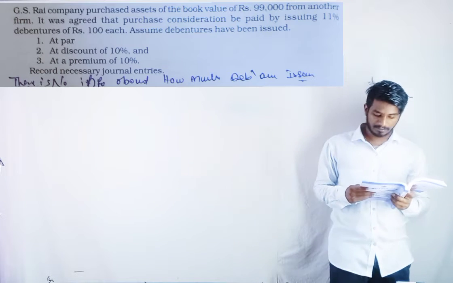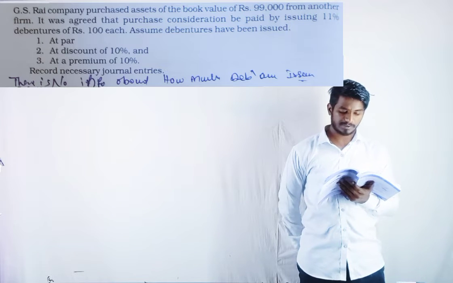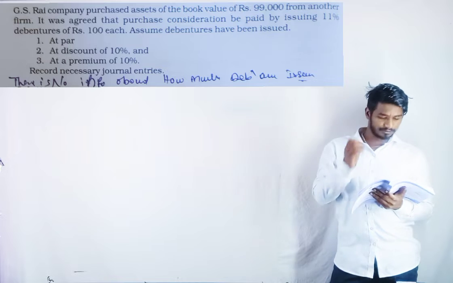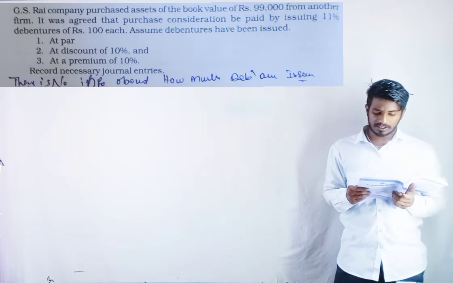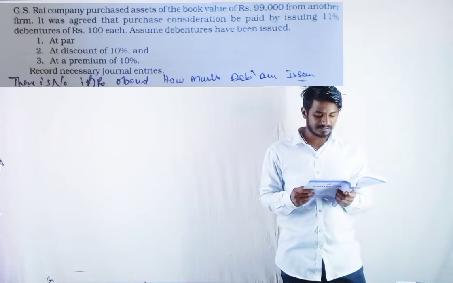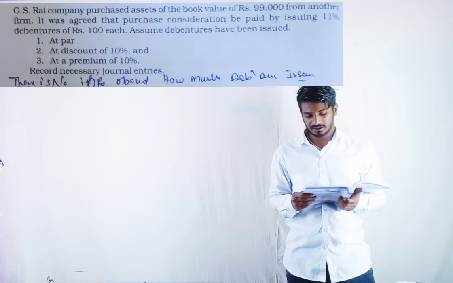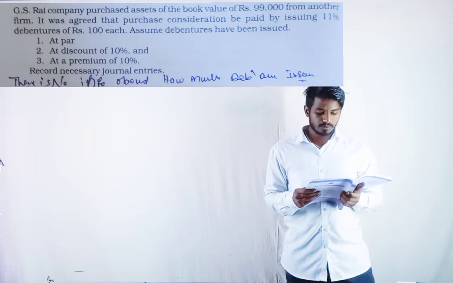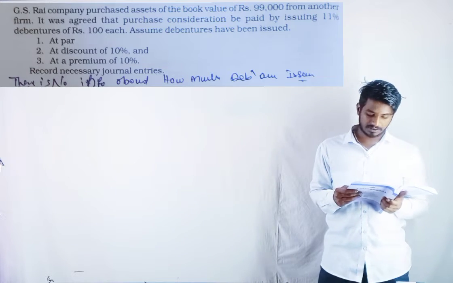GS Rai company purchased assets of the book value of rupees 99,000 from another firm. It was agreed that the purchase consideration be paid by issuing 11% debentures of rupees 100 each. Assume debentures have been issued at par, premium, and discount.